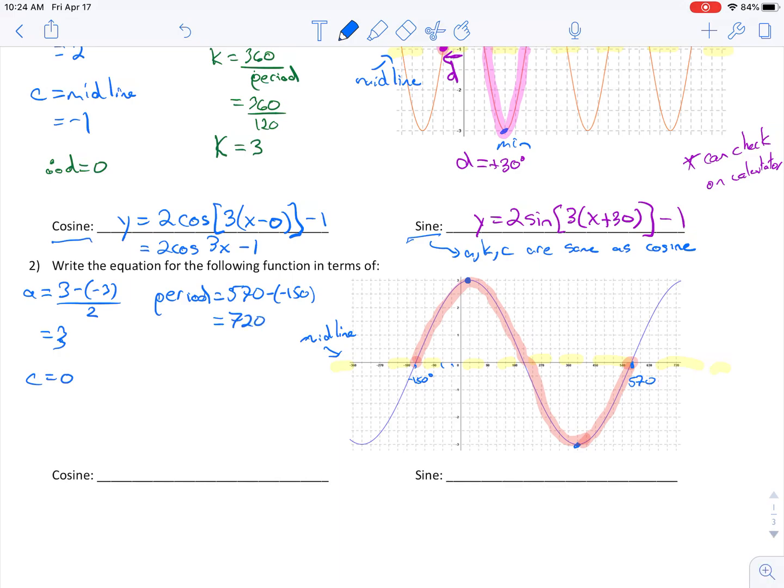I'm just adding them, so that's going to be 720. That's not so bad. Now, again, I have to do a little calculation for K. K is 360 divided by the period. So my K this time is a fraction, which makes sense because this has been stretched out horizontally, so I need a fraction to increase the period.